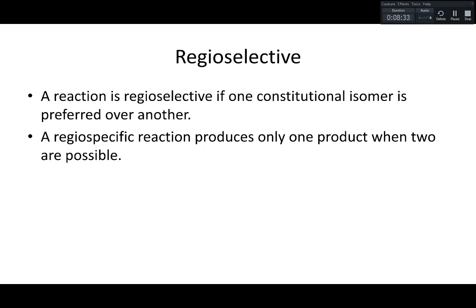Now, this is what I tell students to help them think about what regioselective and regiospecific mean. Usually I'll ask in class, after they graduate, does anybody know where they're going to live? Most people have an idea. A lot of people just know, oh, I want to be somewhere where the air's cleaner. It could be anywhere except California. They know things like that.